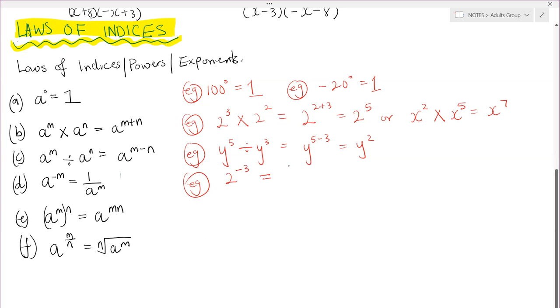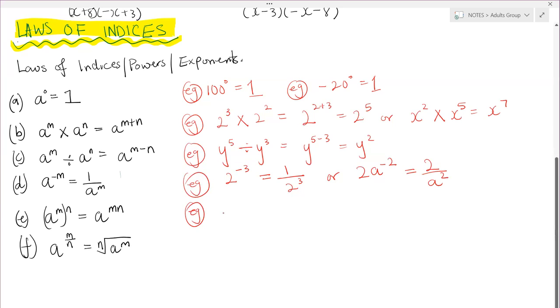If I want my 3 to be positive, I just put it as the denominator of 1, 2 to the power of positive 3. So let's say I had something like this, 2a to the negative 2. And I want my a squared to be positive. I'm going to leave the 2 on top, and then I'm going to put a squared at the bottom. Same thing, if I want the a squared to be negative, I can send it right back up and make it 2 multiplied by a to the negative 2.